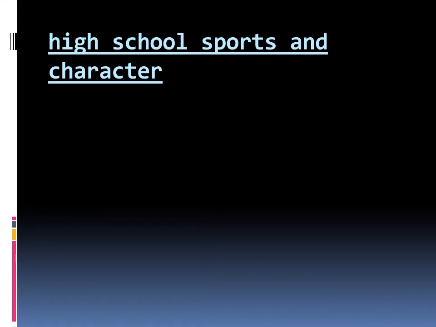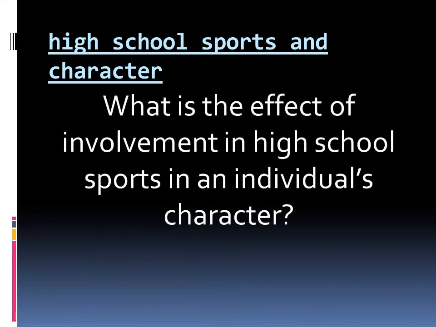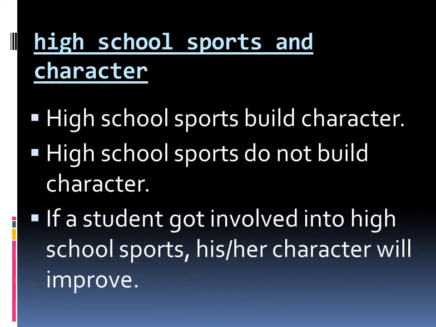A possible research problem is: what is the effect of involvement in high school sports in an individual's character? Hypotheses are: high school sports build character, high school sports do not build character, if a student got involved into high school sports, his or her character will improve.